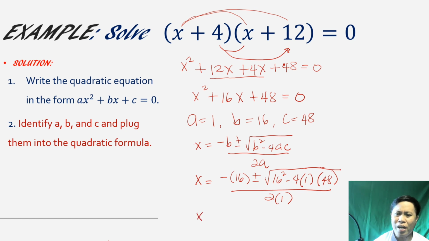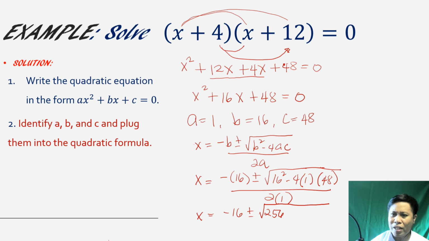Okay, so we have now x equals negative times 16 is negative 16 plus and minus the square root of 16 squared, meaning 16 times 16, we have 256.